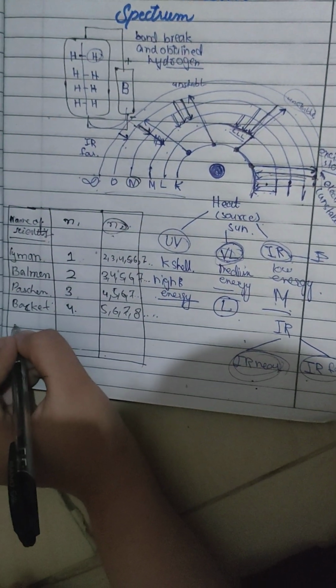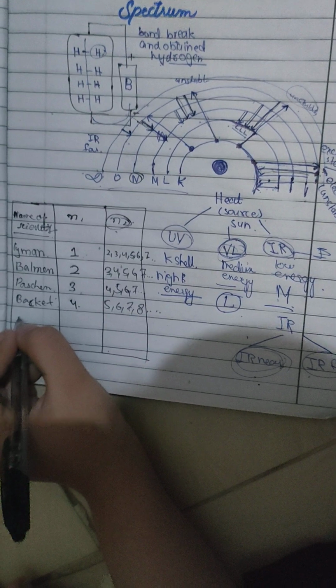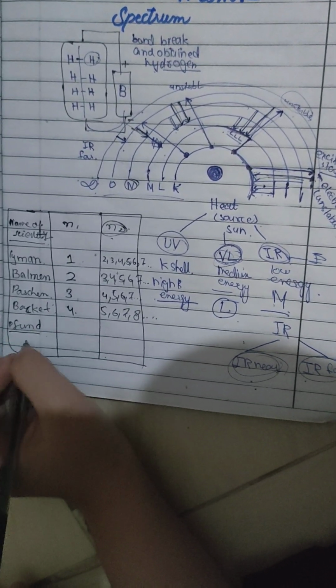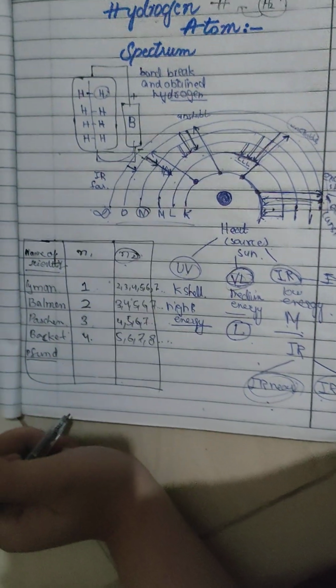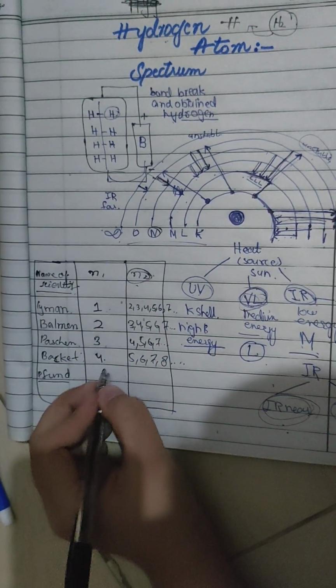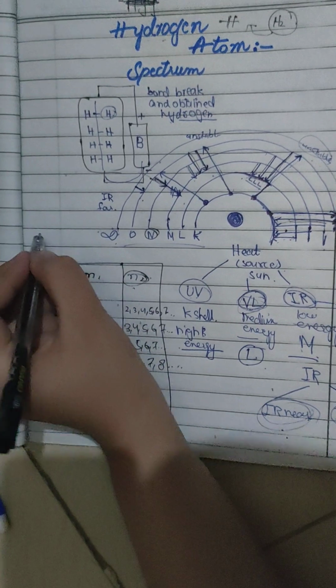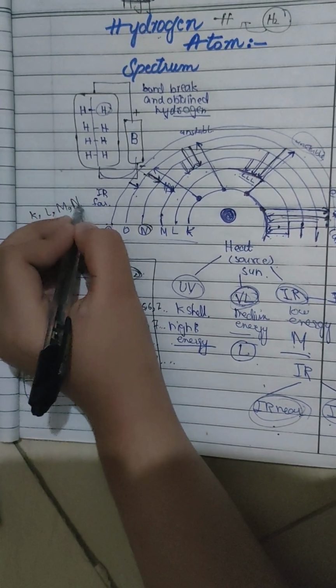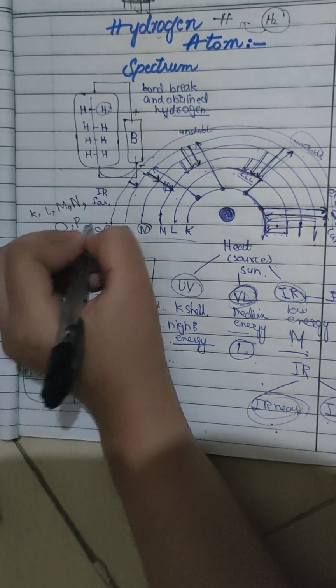After that, the last scientist was Pfund. Basically P is silent, so we call him Fund. Fine. So here Pfund gave the fifth, like we have the shells K, L, M, N, O, P, like that.